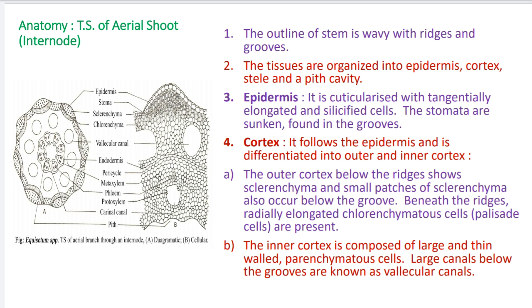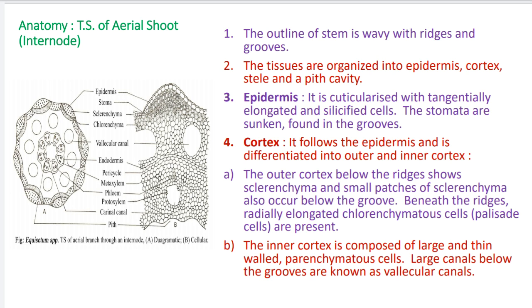The stomata are sunken. Sunken means deeply situated in the epidermal cells. Sunken stomata are a type generally present in the epidermis of xerophytic plants. The stomata are found in the grooves region, not on the ridges.